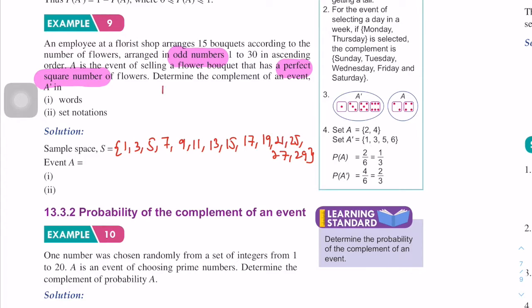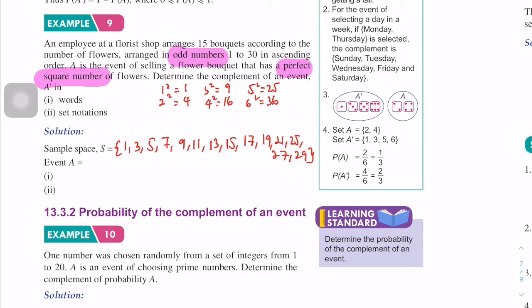So we have 1 square is 1, 2 square is 4, 3 square is 9, 4 square is 16, 5 square is 25, 6 square is 36.